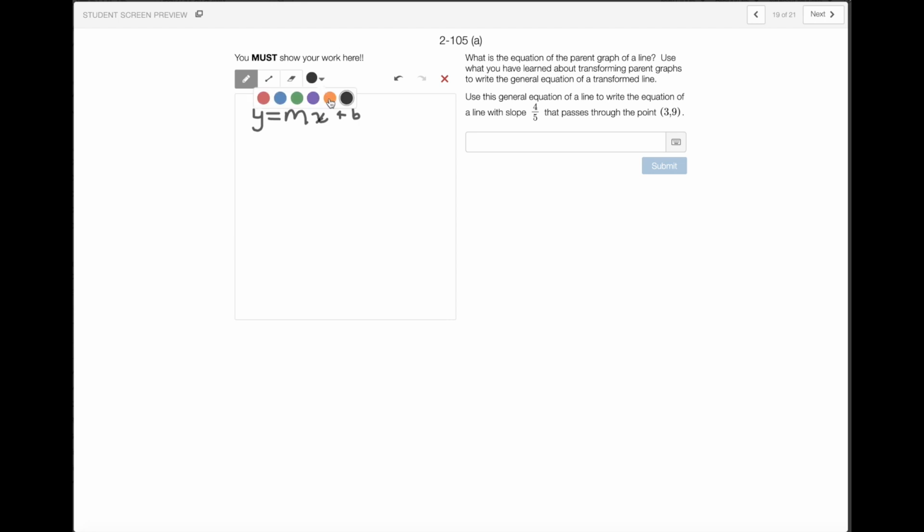You know that you were given your slope, which is equal to 4/5. It is very difficult to use your mouse for this, but try your hardest. You are also given a point, (3, 9). We know you're going to plug this 3 in for your x and the 9 for your y.